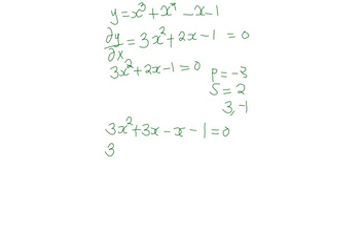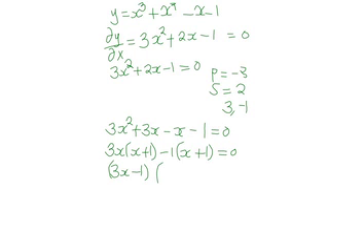So 3x into x plus 1 minus 1 into x plus 1 equals 0. So we have 3x minus 1 into x plus 1, which is equal to 0.